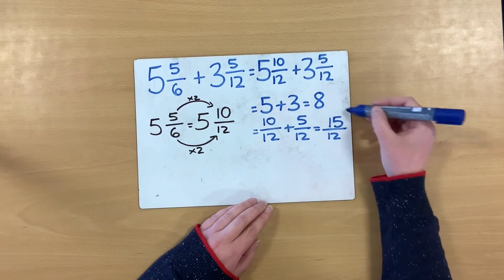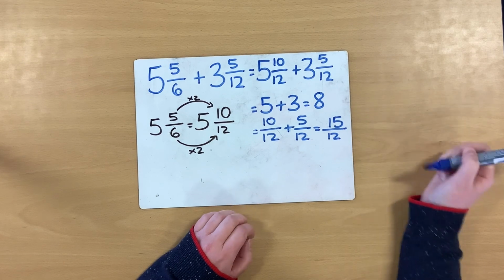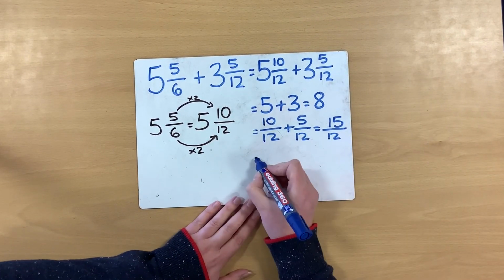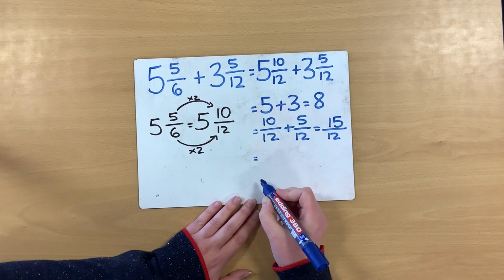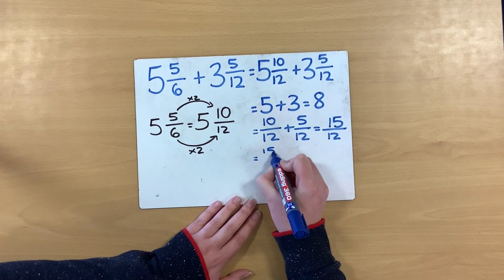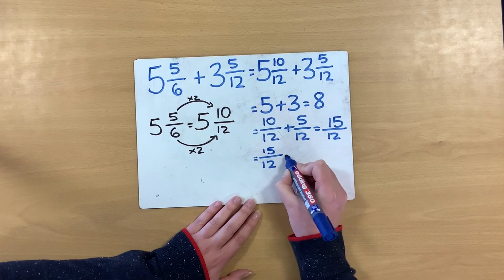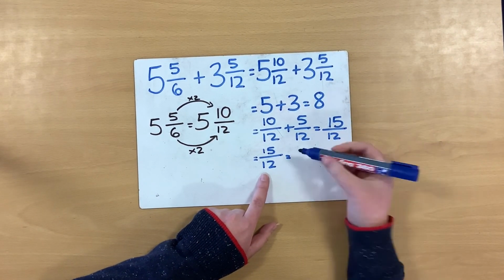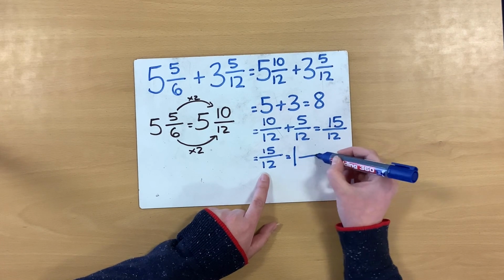Can we remember what type of fraction this is? 15 twelfths. It's an improper fraction. So I now need to convert my improper fraction into a mixed number. So I've got 15 twelfths, and I'm going to think, how many 12s go into 15? I've got 1 whole.